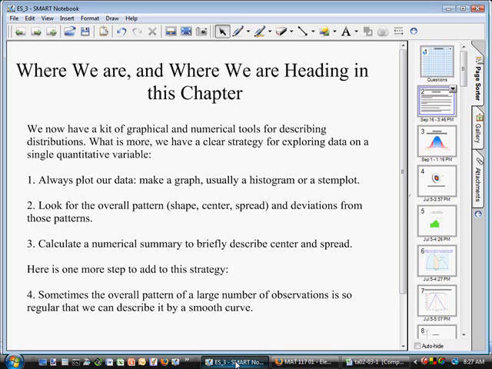Now we're going to go to number 4, I guess you could say, in this chapter. It says sometimes the overall pattern of a large number of observations is so regular we can describe it by not just a bunch of jagged bars, but a smooth curve. And that's kind of my intro to where we're going here.